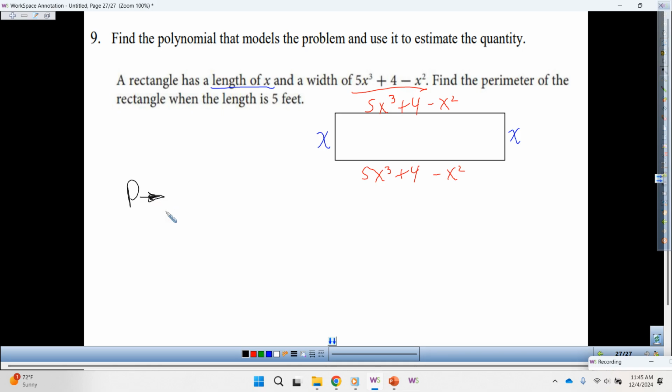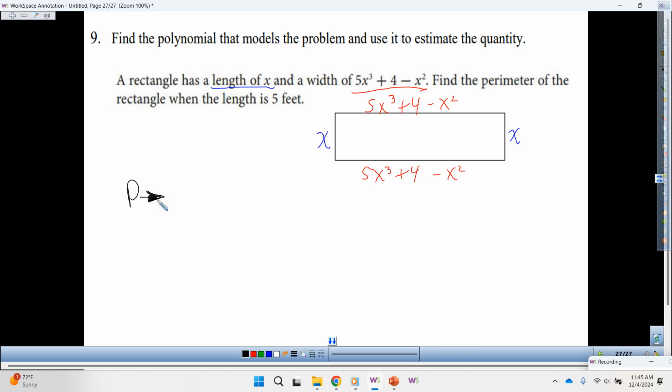How do we find the perimeter of any figure? Remind your neighbor. Mario, how do we find it? In your own words.